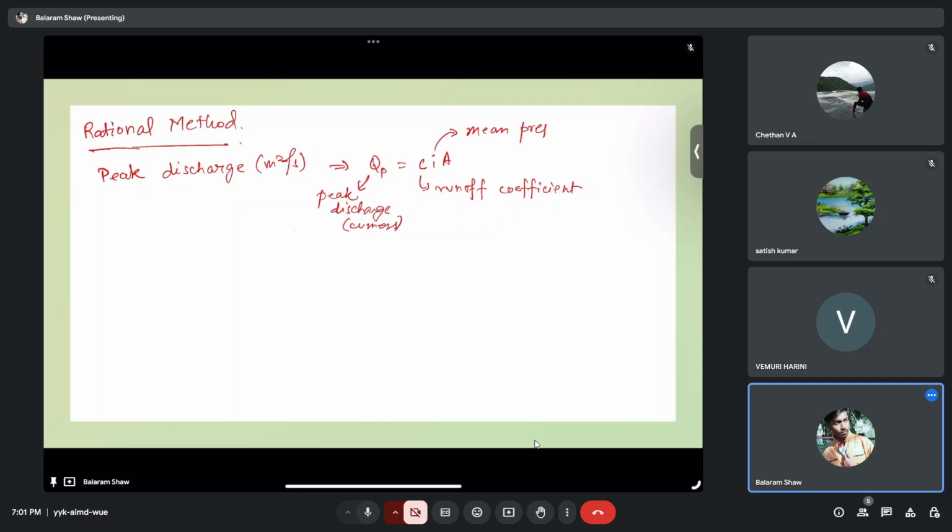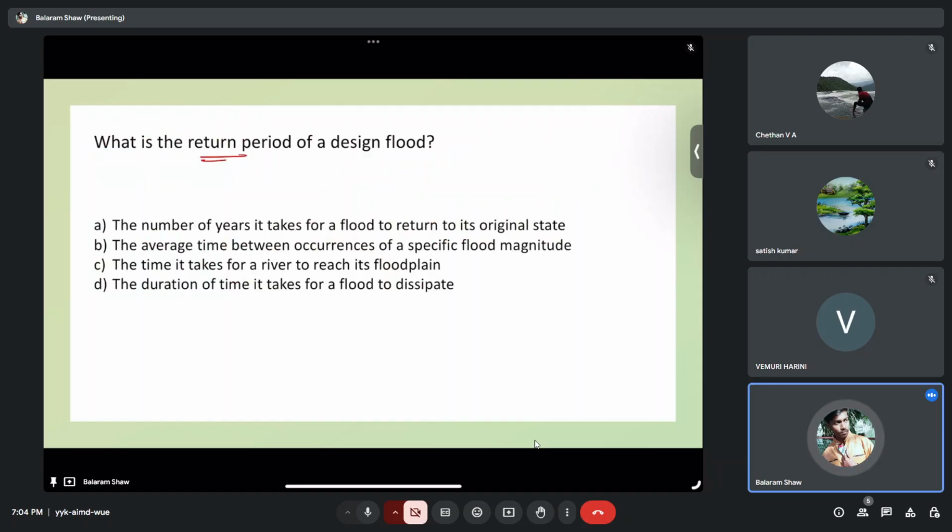Okay. Next question is, what is the return period of a design flood? We have also discussed what is return period. We are not going to discuss that in detail again, but in brief, return period is the average time at which some rainfall can happen. Let's say we are considering one event, a rainfall of greater than 1,000 millimeter for 1 year for a specific location, and we want to know the average time after which that event will come again, right?